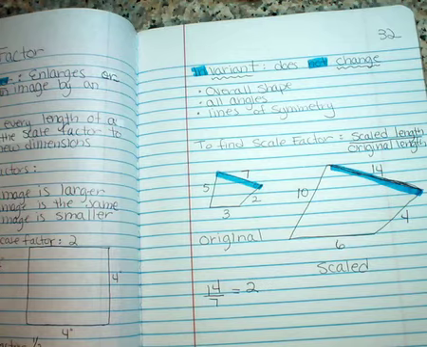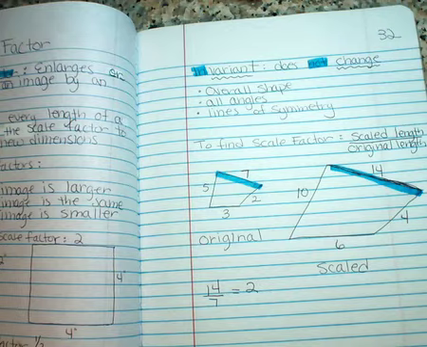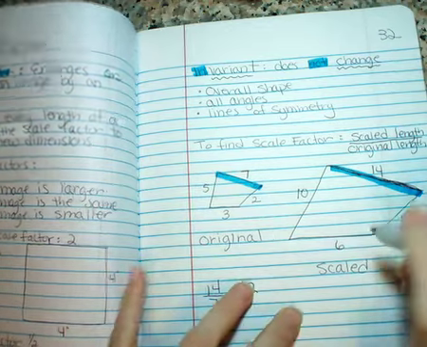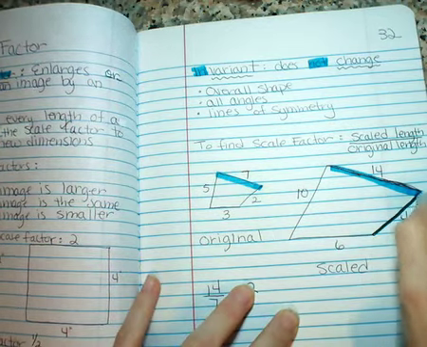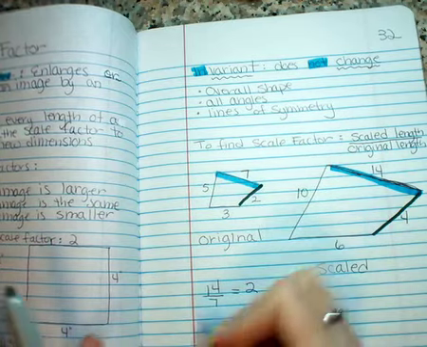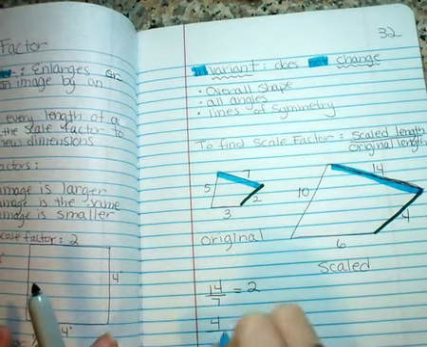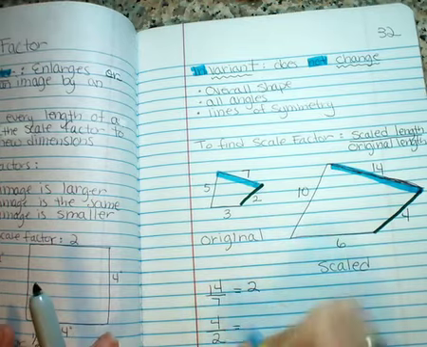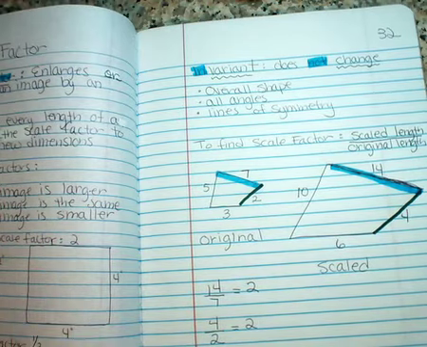And then we're going to go on and we're going to test the other side lengths. So, for example, this side is 4, and the corresponding side in the original image is 2, so we're going to go ahead and divide those. 4 divided by 2 also gives us 2.